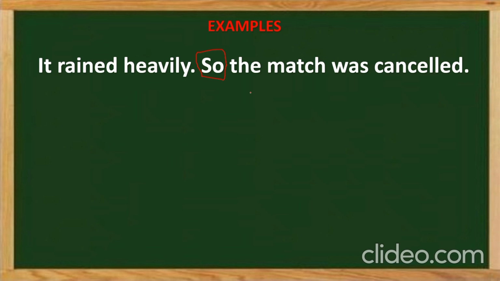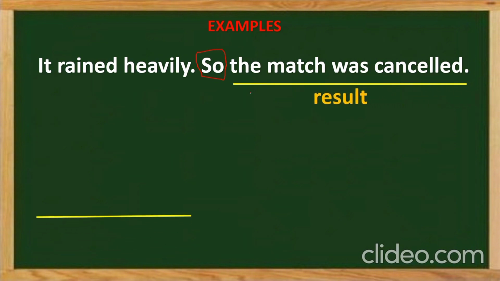Because it rained heavily. So it rained heavily is the reason, and the match was cancelled is the result. This action is the result, and it rained heavily is the reason.